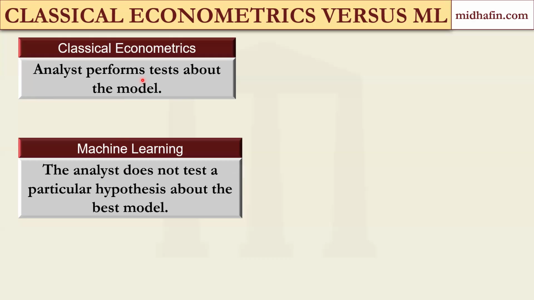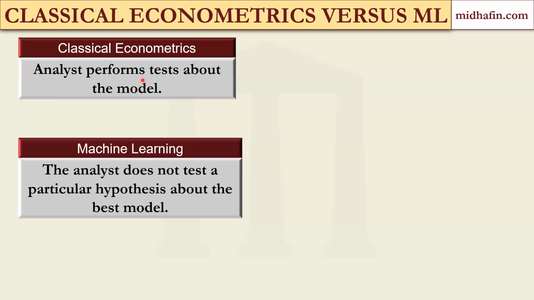Then later on in the time series chapters and other chapters, and in the regression chapter also, there were some tests: Breusch-Pagan, Durbin-Watson in time series. What is the purpose of all these tests? You want to validate your model structure and you want to confirm the theory driven expectations. Okay, that is the purpose.